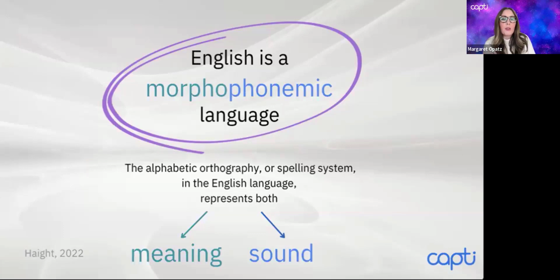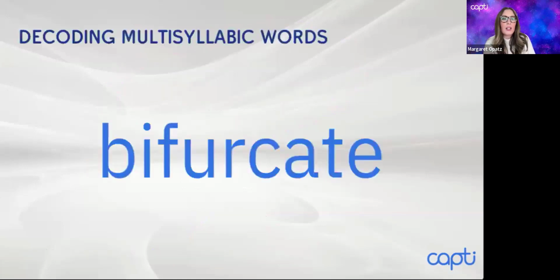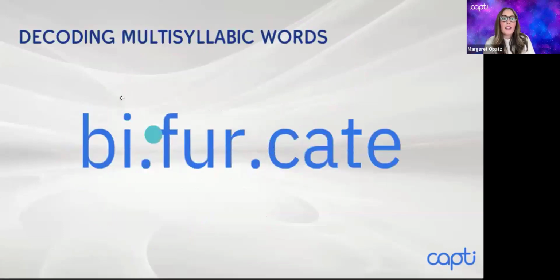So when we think about words that have these morphemes in them, it is imperative for students to know, what do these various morphemes mean? So in a word like this, if a student knows that BI means two, they'll be able to keep that meaning unit together.